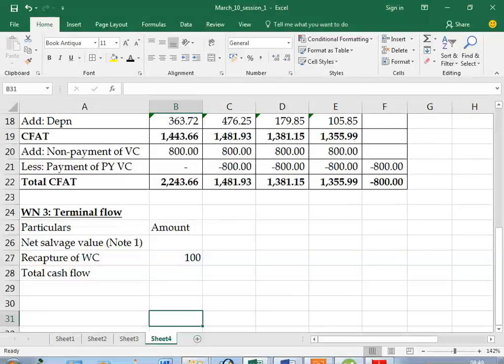Whatever is your initial working capital blocked, that will get released at the end of 3rd year. Oh, sorry, at the end of 4th year. 110 million.